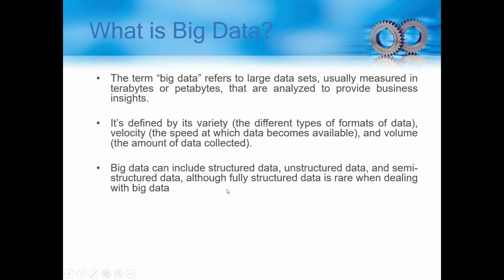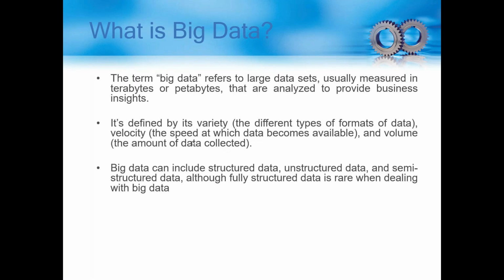And this big data is defined by its variety, the different types of formats of data; velocity, the speed at which data becomes available, means you want to get the data in very less time, or if you want to apply some logic or get the reports on the historical data, that depends on the speed of the data transfer; and the volume, the amount of data collected.